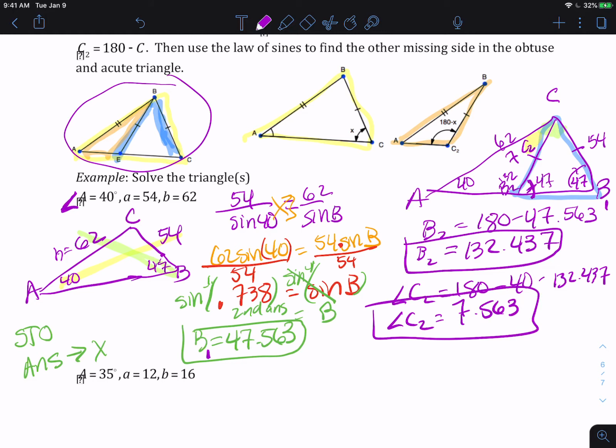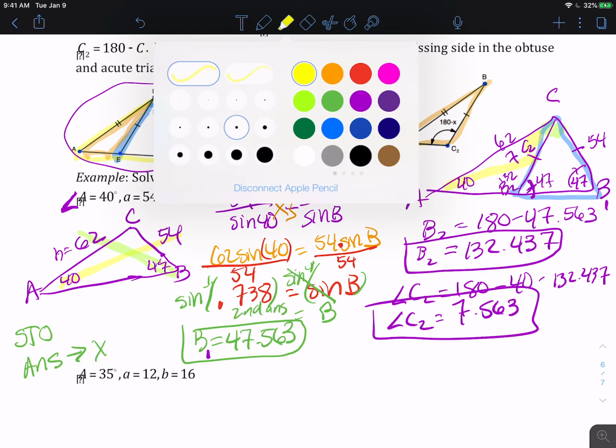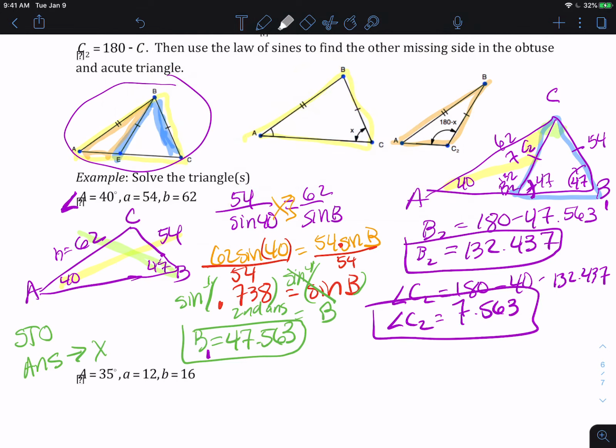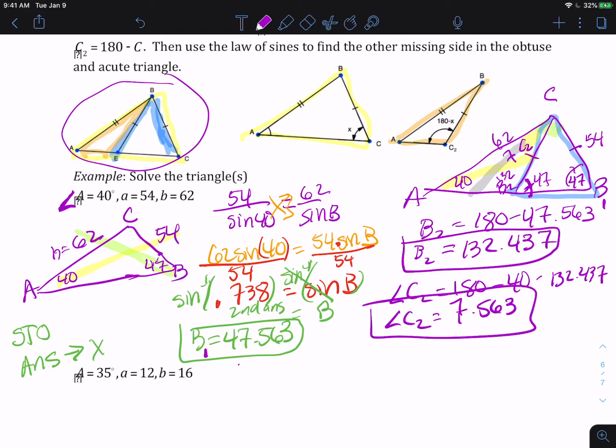Okay. Well, now I can set up. I still have this side length that I know, but I also have this one that I can use to find side C. Right? So I'm going to set up yet another equation, and we're going to do 54 over sine 40 equals, and we have the angle C2, but we don't have the side C2.